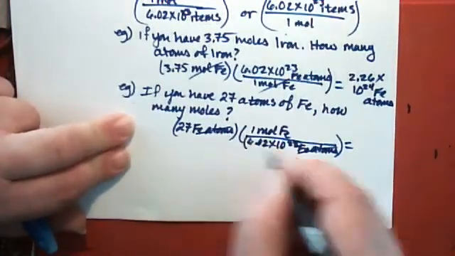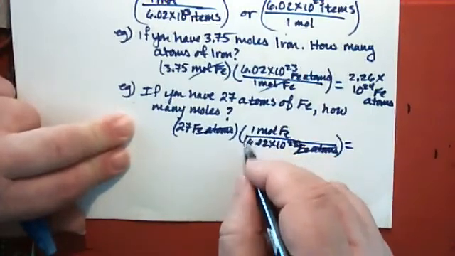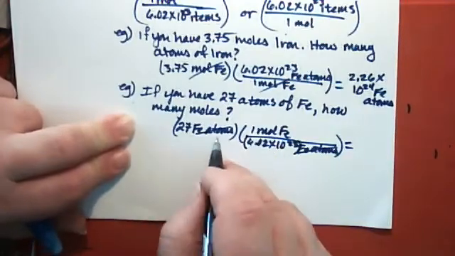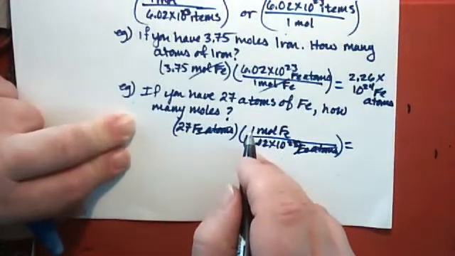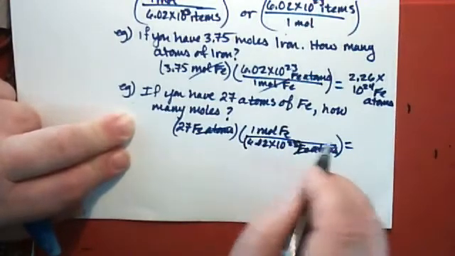Do be sure, though, that when you divide by a number in scientific notation, you put it into the calculator inside parentheses. So this should be 27 divided by, open parentheses, 6.02 times 10 to the 23rd, close parentheses, then hit equals.